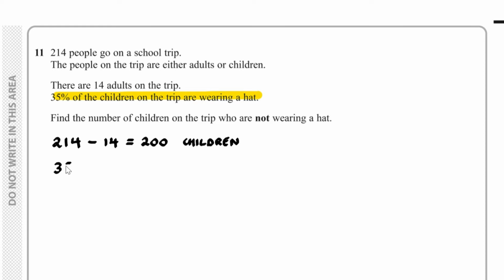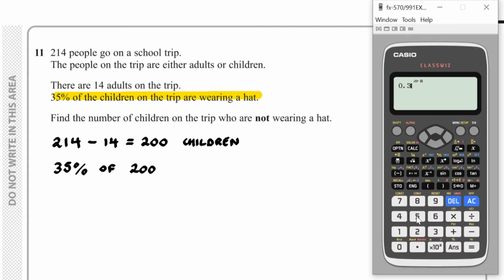So if I work out 35% of 200, well, we've got 0.35 times 200, which is 70. So therefore we have 70 children with a hat.